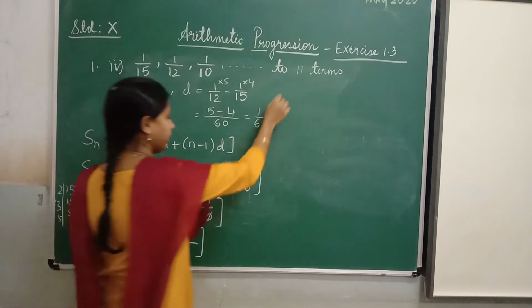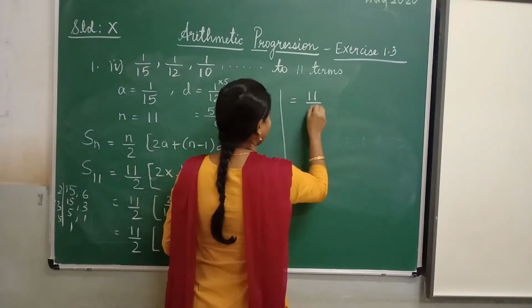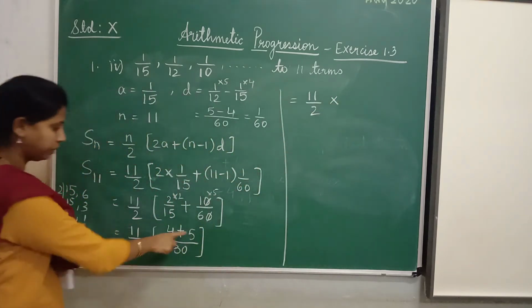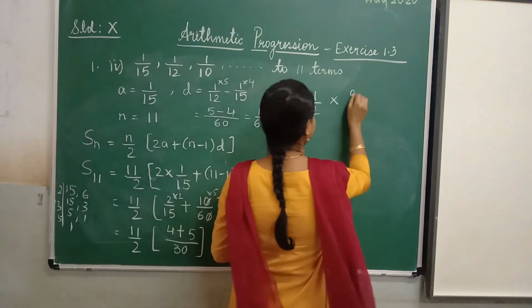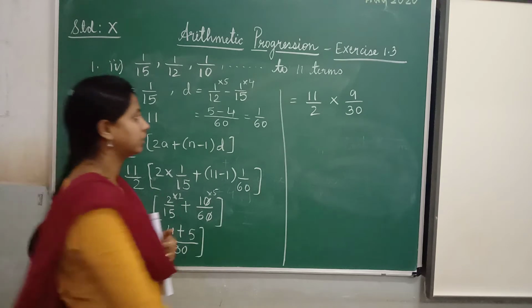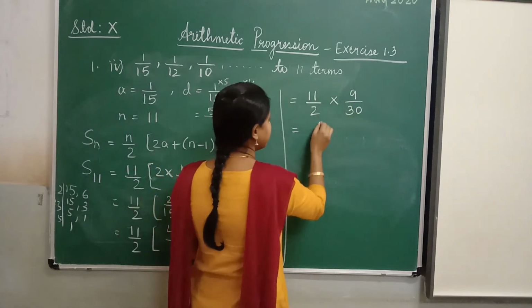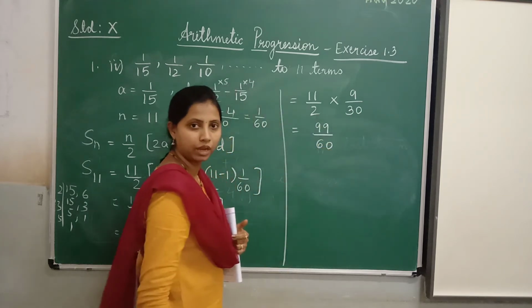Okay. Now simplify it further. So you will get 11 by 2 into 4 plus 5 by 30. 4 plus 5 by 30 is nothing but 9 by 30. Okay children. Now simplify further. So 11 times 9 are 99. 2 into 30 is 60. 99 by 60.